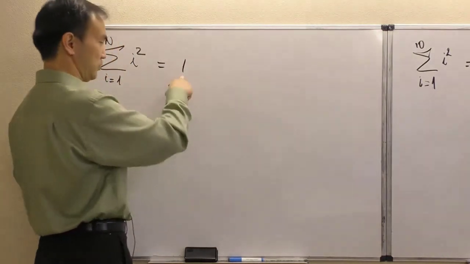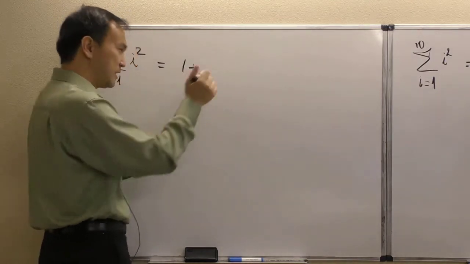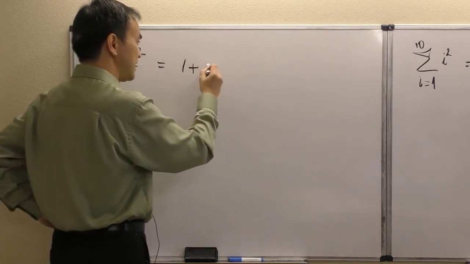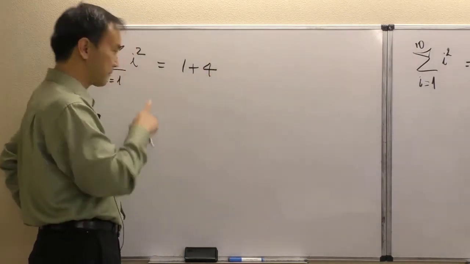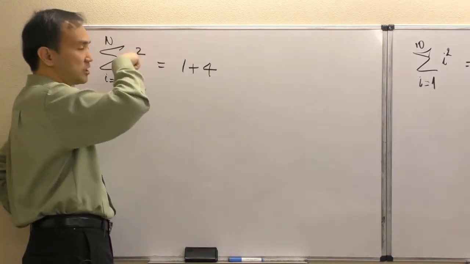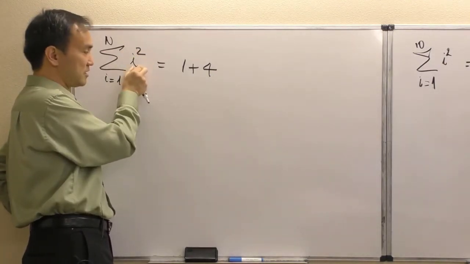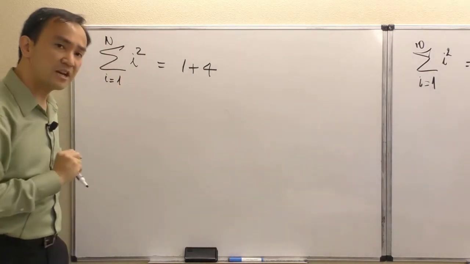Term 1 is value 1. Term 2 is at position number 2, so it has index 2, but it has value 4, because 2 squared, i squared. You see, the value of the term is governed by a formula that's dependent on the index of the term itself.